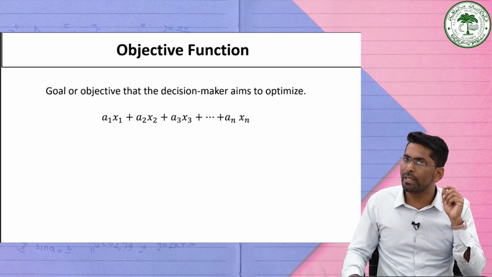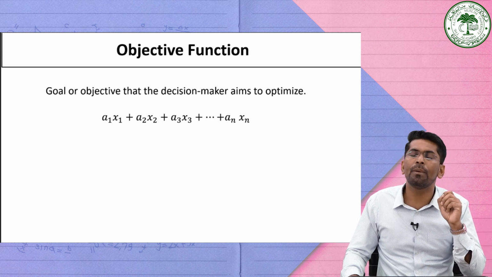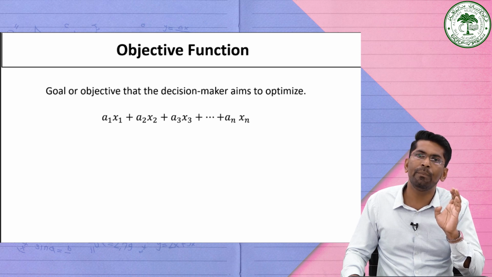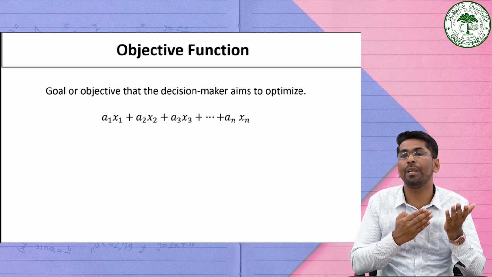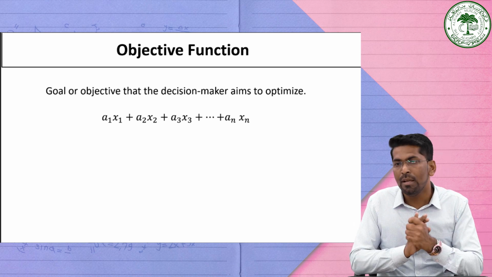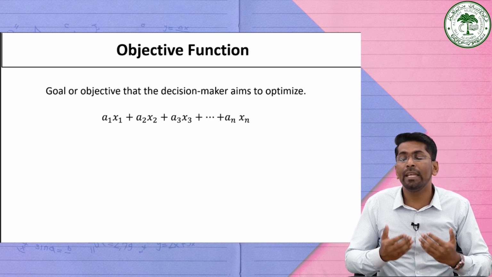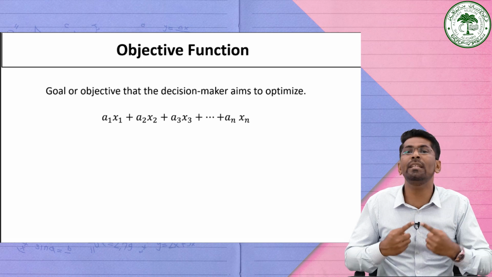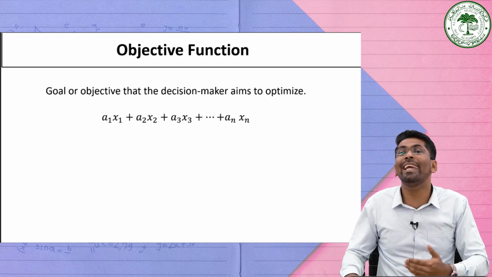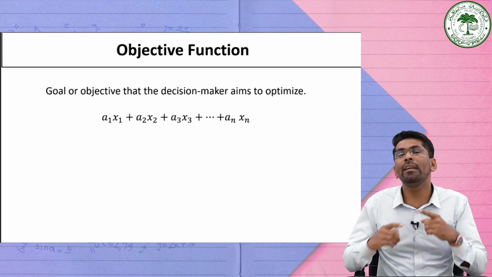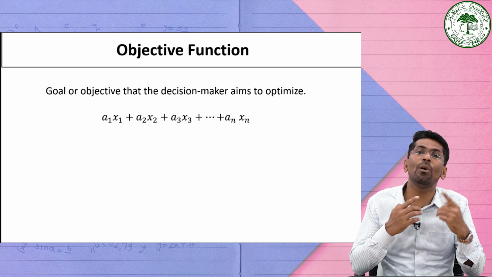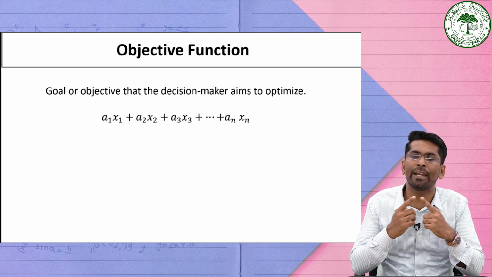So the coefficients of the decision variables in the objective function represent the contribution of each variable to the overall objective. These coefficients can be either positive, indicating that increasing the variable will increase the objective function, or negative, indicating that increasing the variable will decrease the objective function. They have different directions.